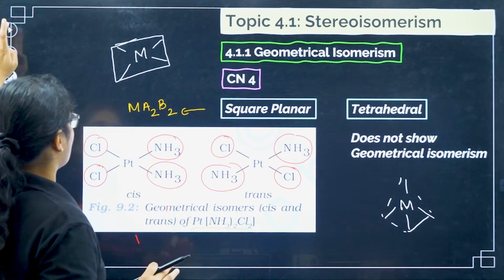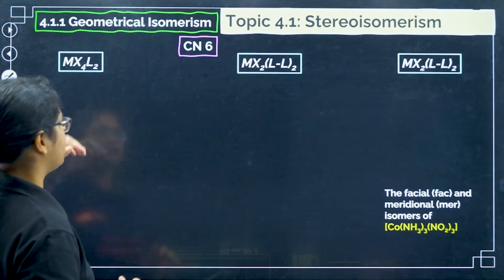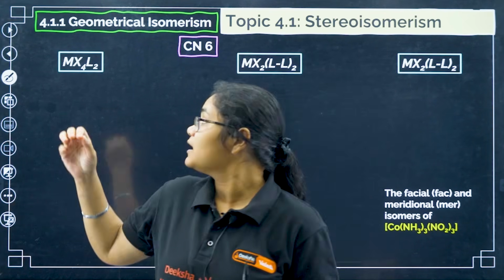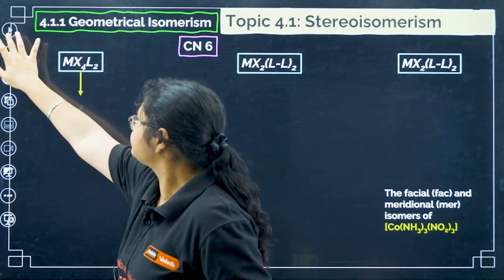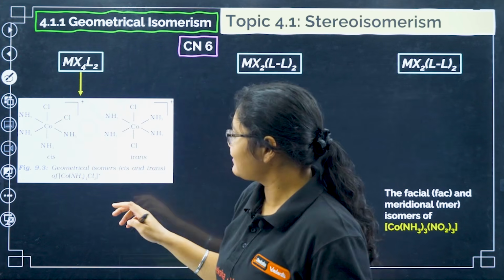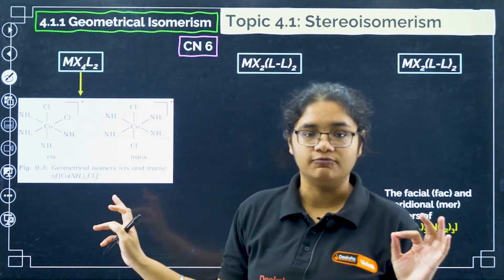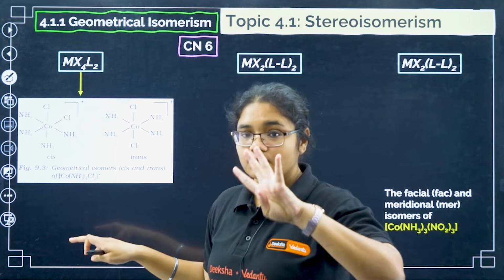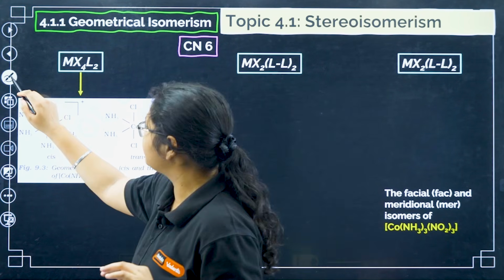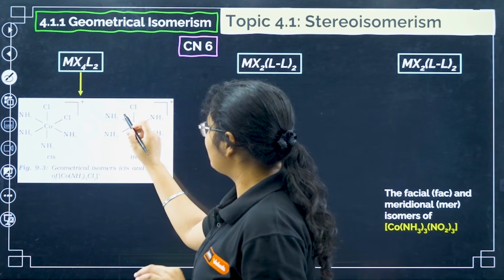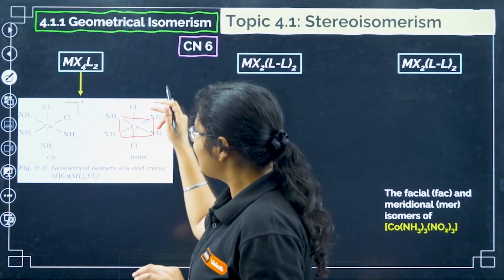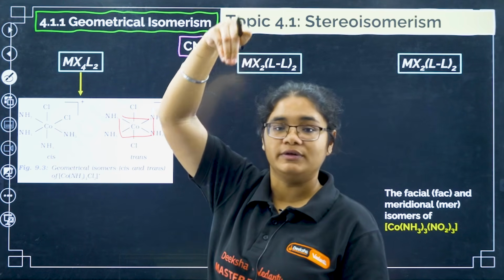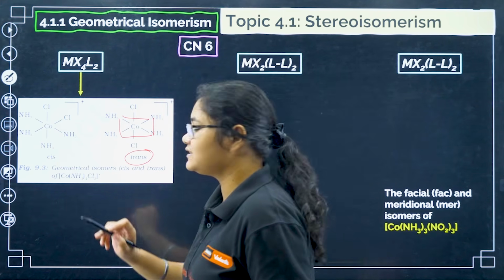Now moving forward to coordination number 6. I told you that there are 3 possibilities in which we can write coordination number 6. First is MX4L2. Here you can see the example Co(NH3)4Cl2. If these 4 NH3 ligands are in one plane, and the 2 chlorines are on the top and bottom apex points, opposite to each other, then we call it the trans isomer.